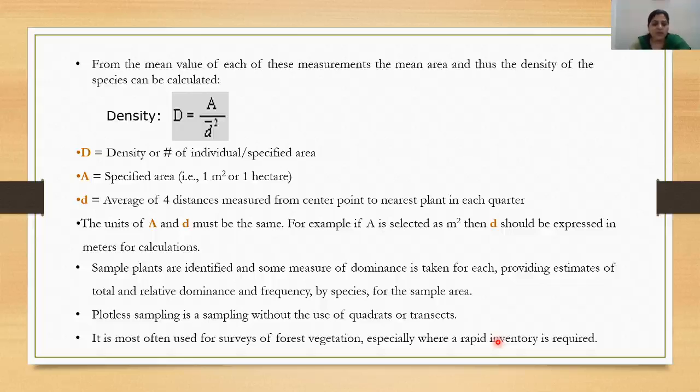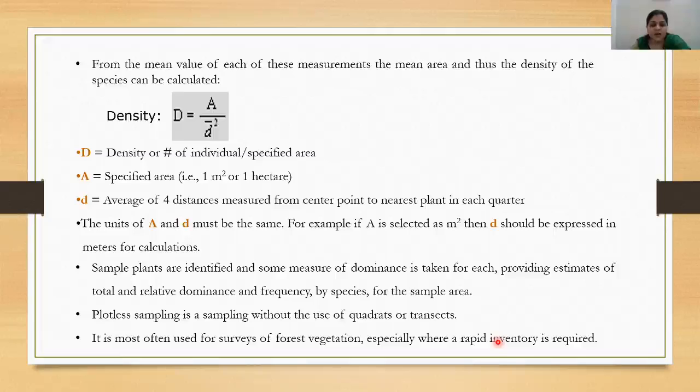A is the specified area, which may be 1 meter square or 1 hectare, etc. And D' is the average of the four distances measured from the center point to the nearest plant in each quarter. The units of A and D' must be the same. For example, if A is in meters square, then D' should also be expressed in meters for calculation.